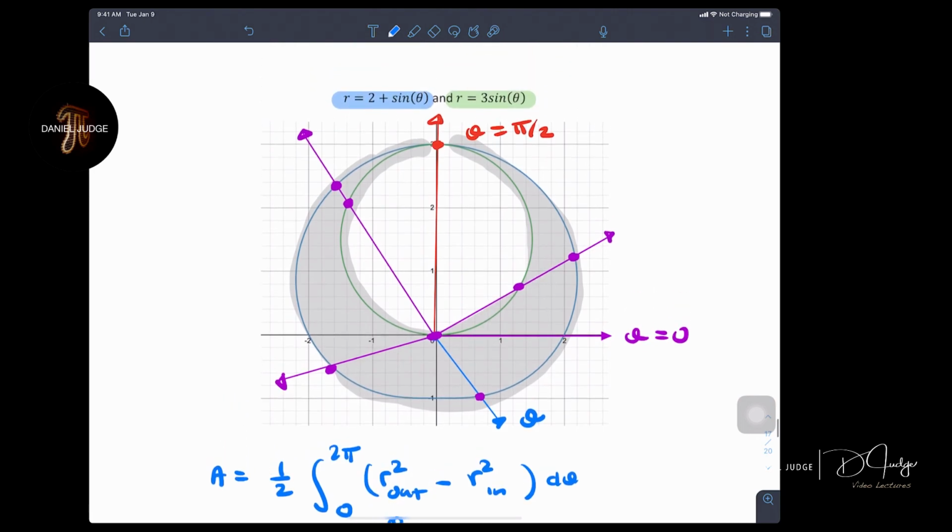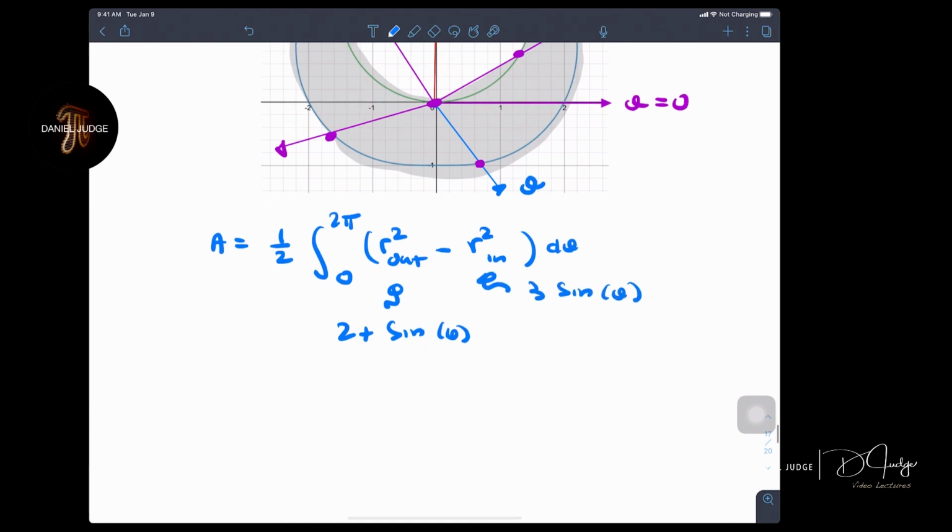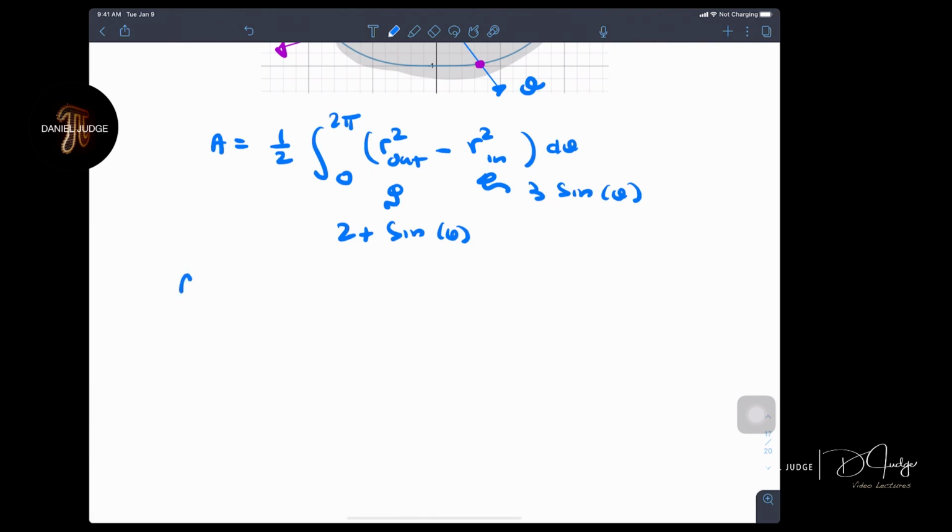And the inside curve, the green, is 3 sine theta. So 0 to 2 pi, 2 plus sine theta, we will square this, minus 3 sine theta squared, and that'll be d theta.